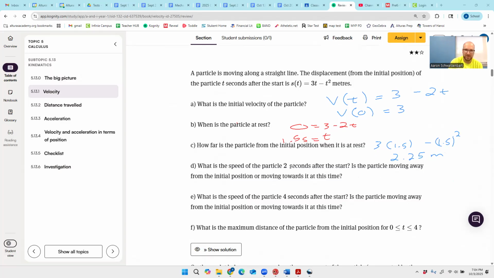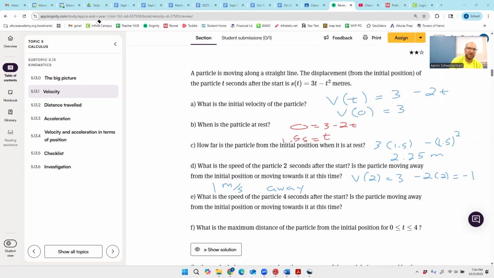What is the speed of the particle 2 seconds after the start? Is the particle moving away from the initial position or towards the initial position? So v of 2 is going to give me -1. The speed is 1 meter per second, away from its initial position because it's negative. Oh wait, is it? Actually, it should be moving back towards.